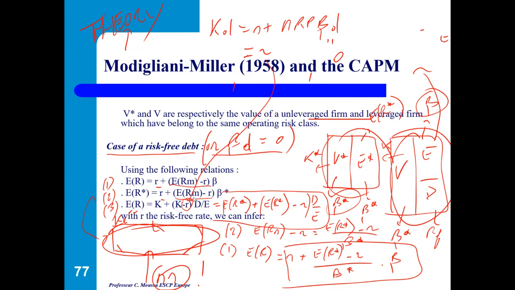My turnover will be too low and I cannot repay my debt. So my debt becomes risky because I lose a customer. So this would be specific risk. And as this is specific risk, I can say that beta D equals 0. But generally, we do tend to think about risky debt because of systematic risk.